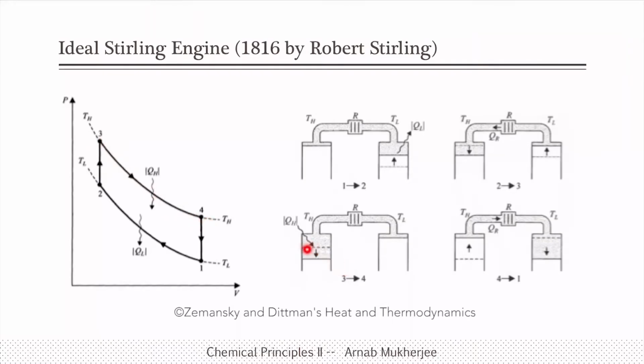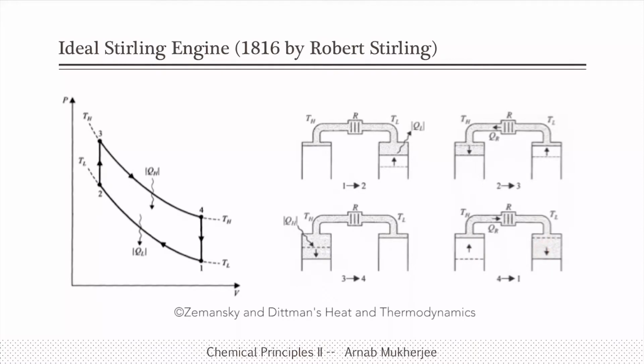The gas in contact with the high temperature reservoir expands, whereas the low temperature reservoir stays the same. In the last step there is a decrease in volume, and since there is a decrease on this side and an increase on this side, the volume remains constant.